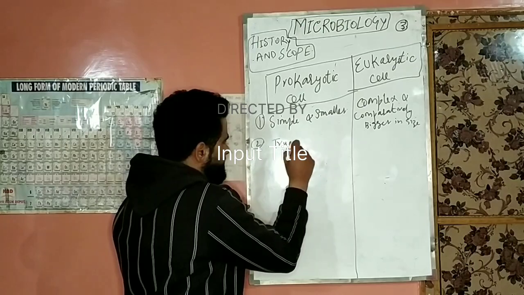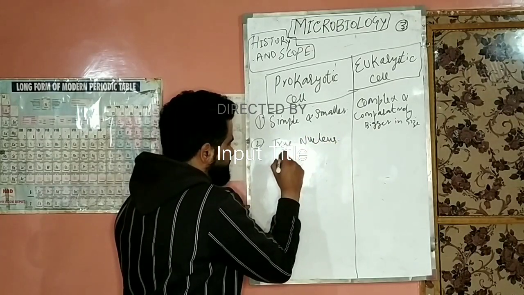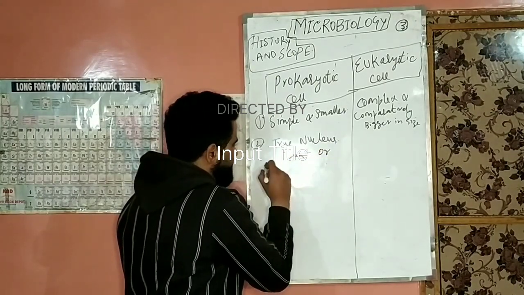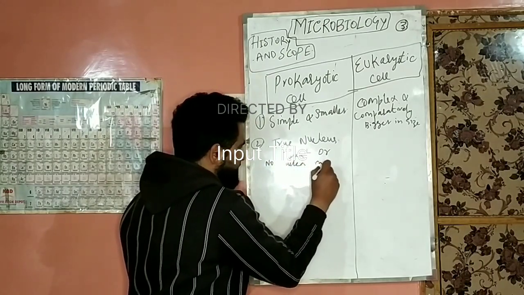Number 2: true nucleus. In prokaryotic cell, true nucleus absent, or we can say no nuclear membrane.